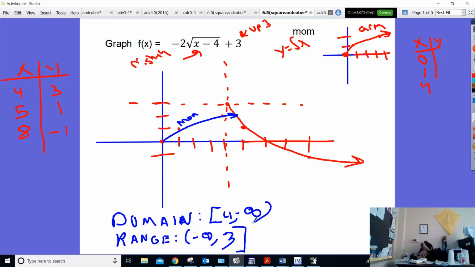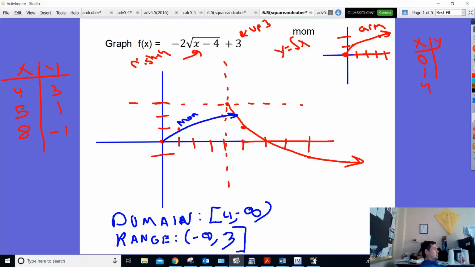So there's a recap of yesterday. You understand how I came up with table values today? If you get the 4, 3, that's where you start. I thought about mom's table. How far apart are 0 and 1? So the next entry over here has got to be 1 unit away.